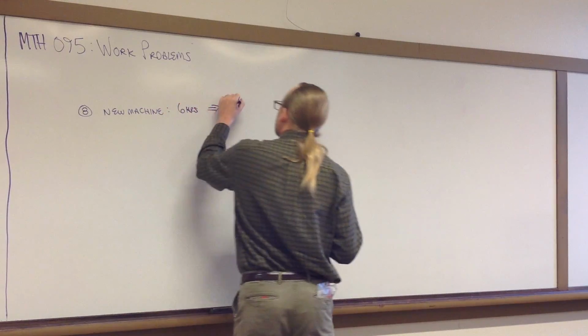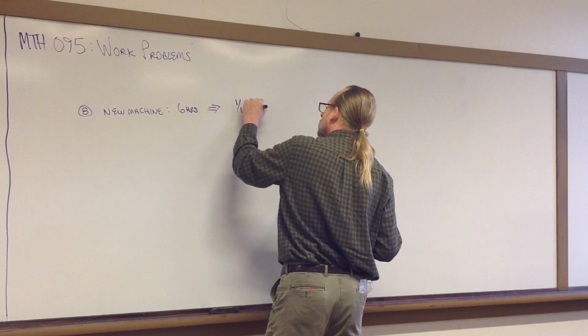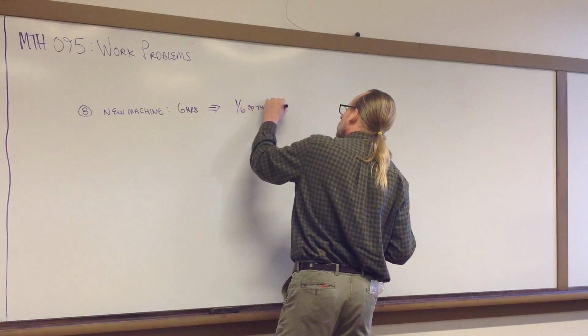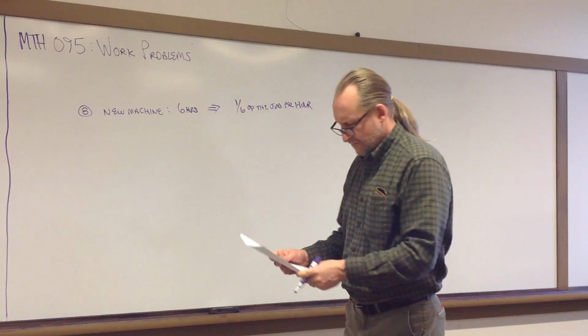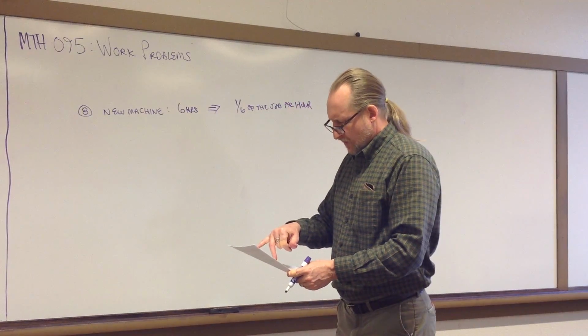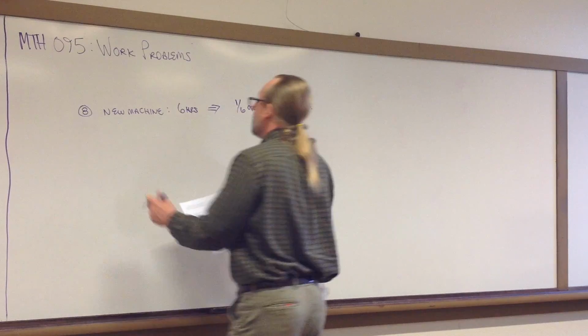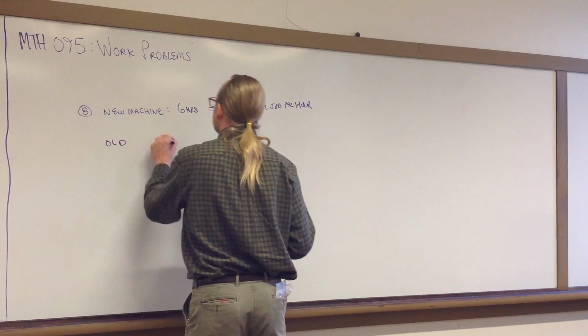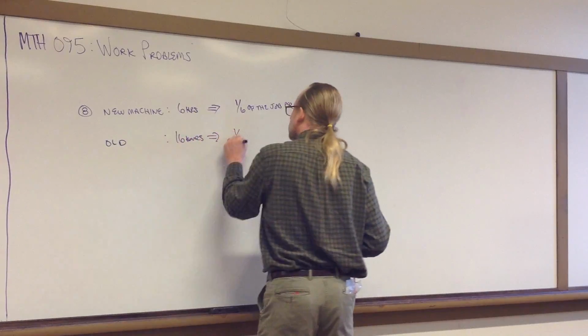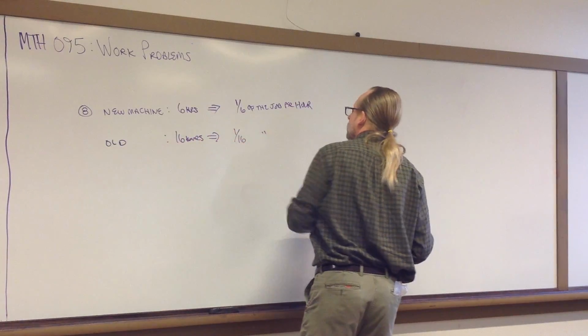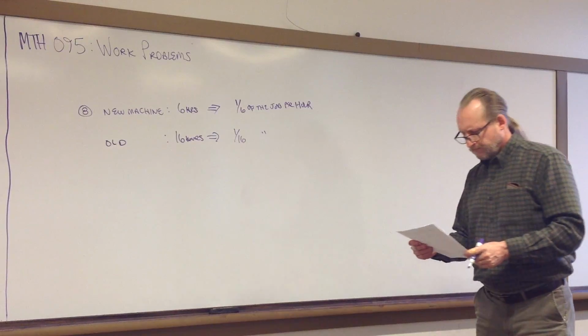That means it'll complete 1/6 of the job per hour. Okay? An old machine completes the same job in 16 hours. So the old machine takes 16 hours, which means it completes 1/16 of the job per hour.